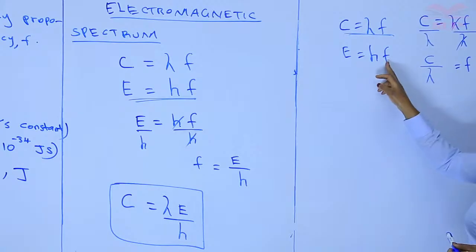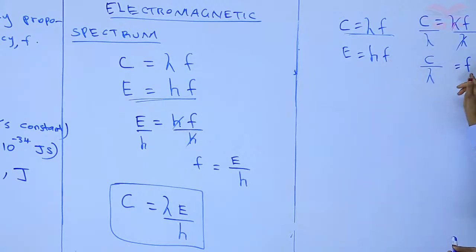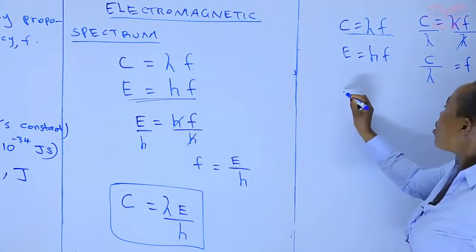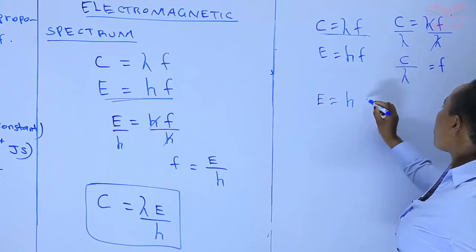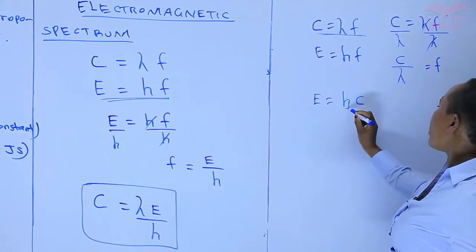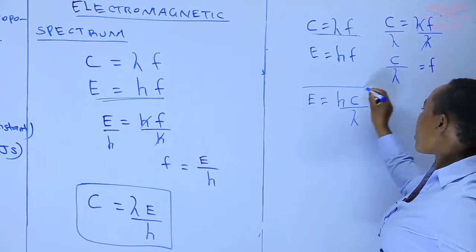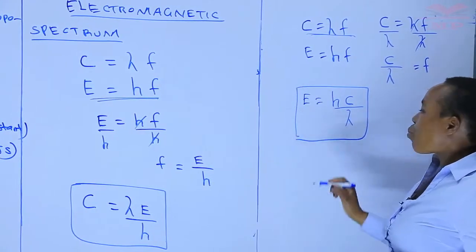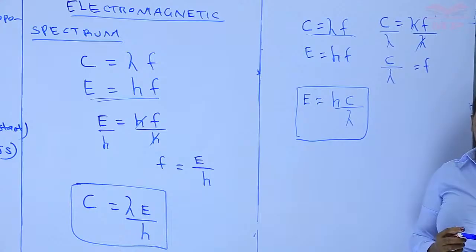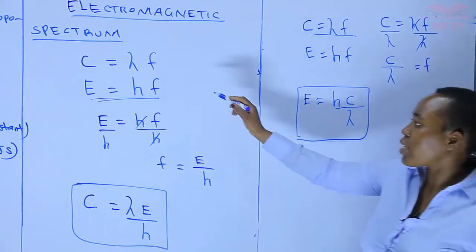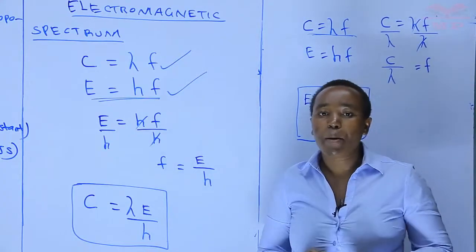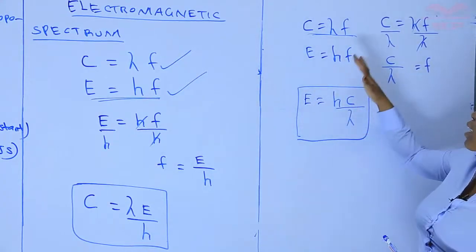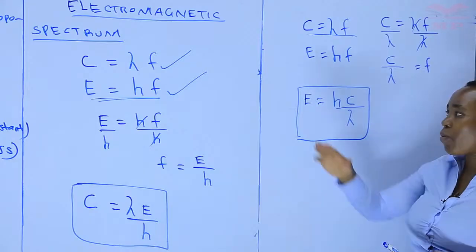So where we have F in our second equation, again we can substitute with C all over lambda. So we are going to have E is equal to Planck's constant multiplied by the speed of light divided by the wavelength. Provided you have these two formulas, you can be able to get any other formula from the two.